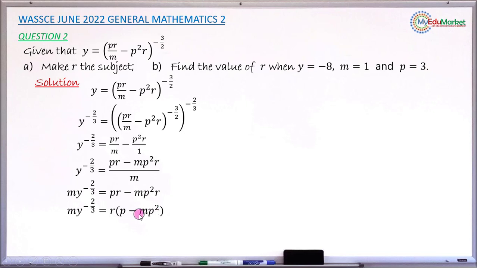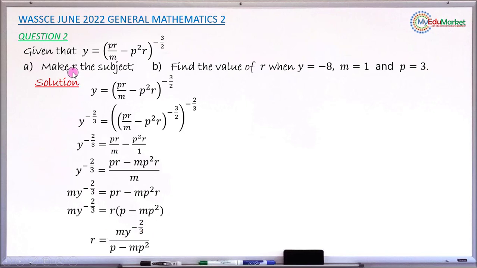To get R, you divide both sides by the bracket containing P minus MP squared. If that is done correctly, you now have R equals M multiplied by y raised to the power of minus 2 over 3, divided by P minus MP squared. So this is the formula for R, meaning R is now the subject.